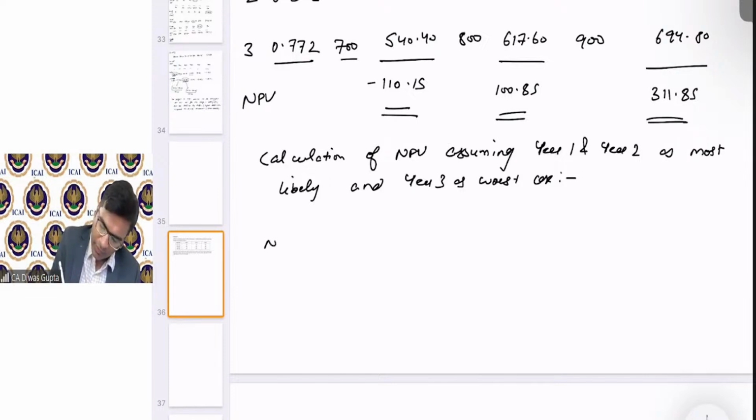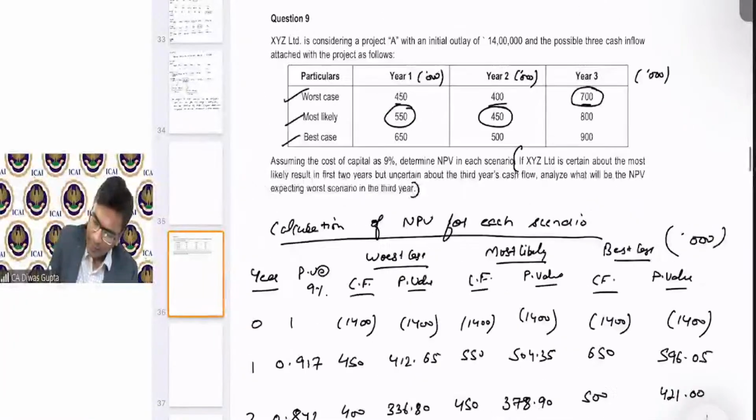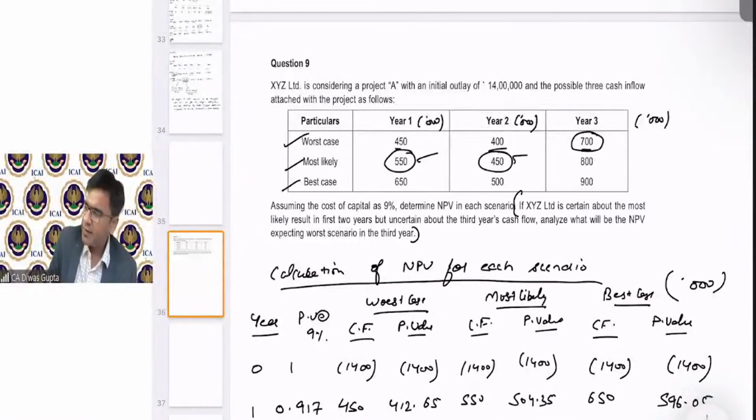So NPV will be minus 14 lakh plus 5,50,000 is the first year, correct? 550, 450, and 700.